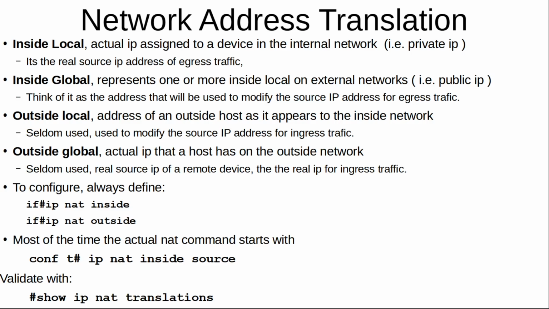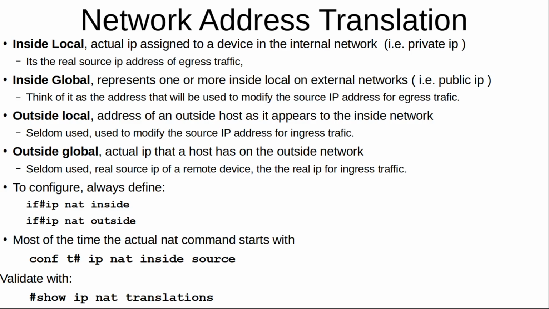The inside local and inside global addresses terms are used when you are talking about egress traffic that is going out of your network. So in this case, for this traffic that is going out of your network, the inside local is the actual IP address that your devices have, whereas the inside global is the IP address that represents your devices on the external networks.